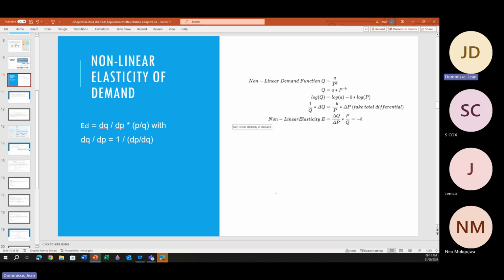And then the important thing that will definitely be part of your exam. There will always be a question on elasticity of demand for linear, but there will also be elasticity for nonlinear. Okay, so very important that we know this.